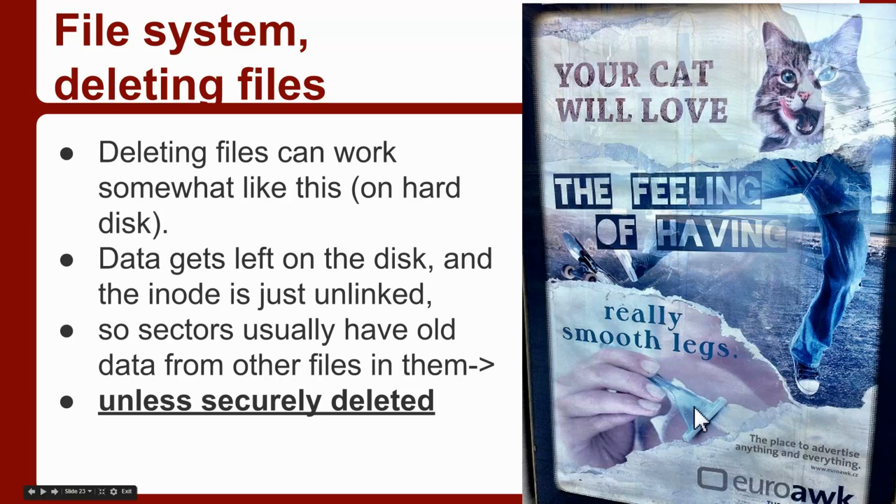You know, it doesn't go all the way to really smooth legs. But if you look at the disk in a raw format, this block will have all this data. So when you delete stuff, the data just gets left on the disk until it's garbage collected, which may happen at any time, and the inode is just unlinked.